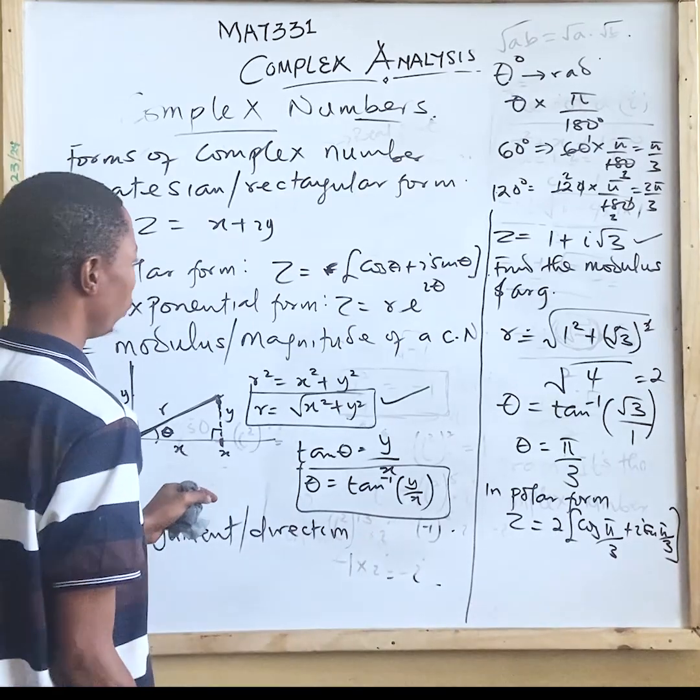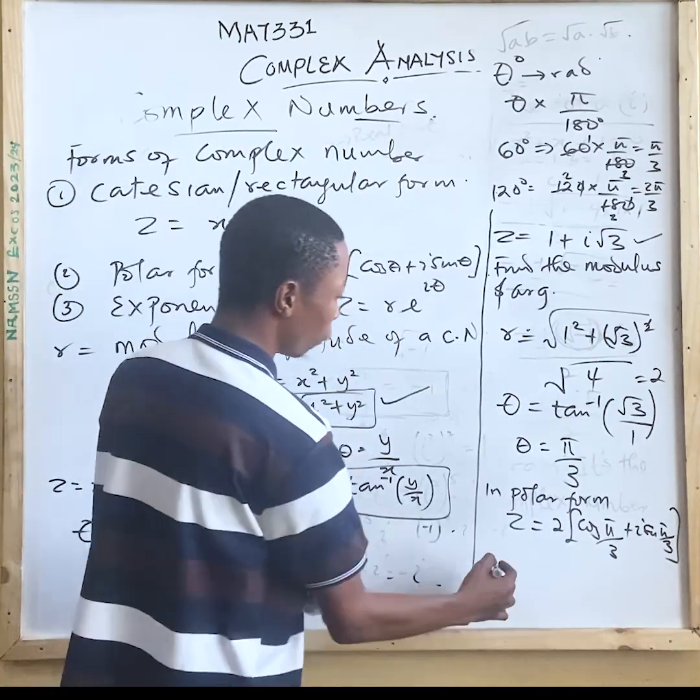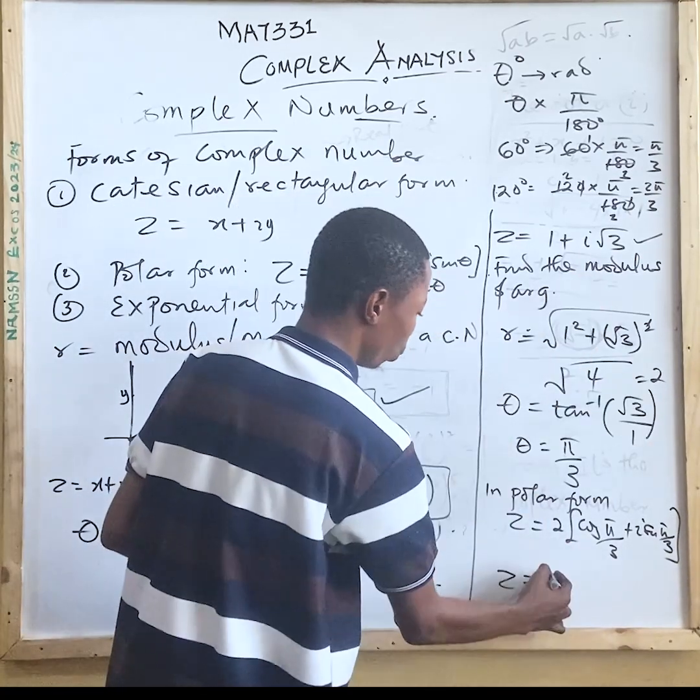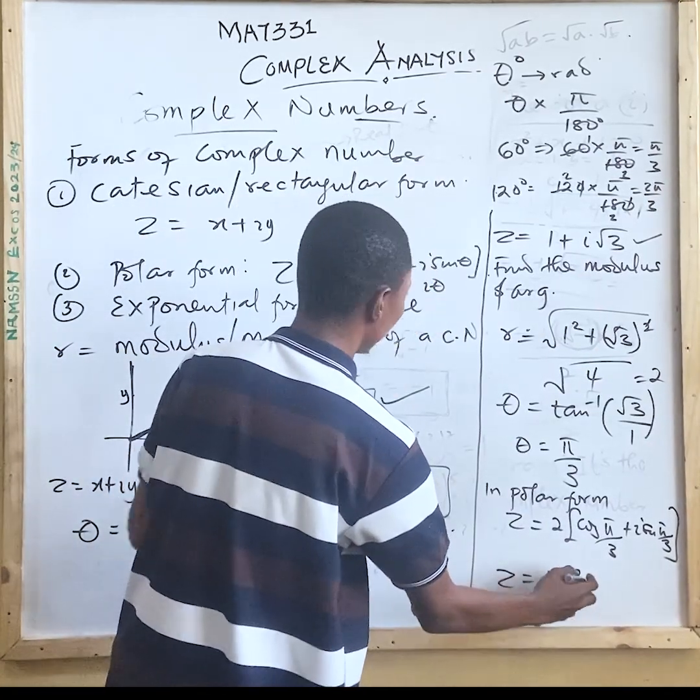So that is the polar form of the complex number. In exponential form, z is equal to r e raised to the power i theta. So our r is 2 and our e raised to the power i theta.